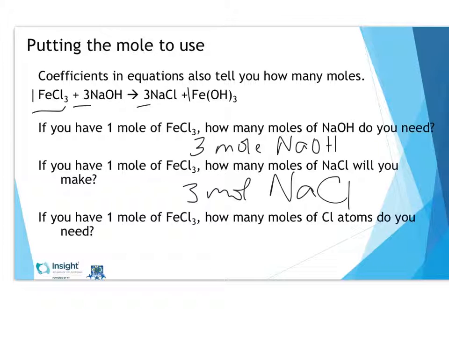So again, if you look at this formula here, if I know I have a mole of the iron chloride, right, so I have a mole of iron chloride molecules, and I know every molecule has 3 chlorines in them, then I'm going to have 3 moles of chlorine atoms. All right?